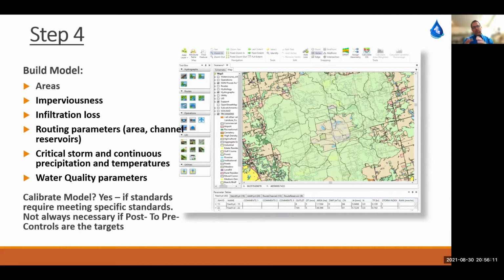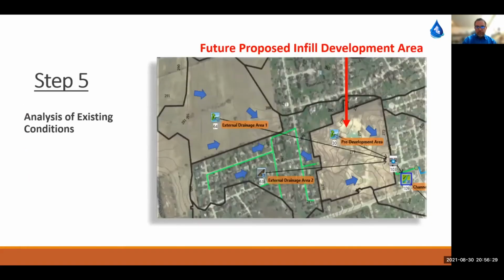But in many cases, we don't have to. We rationalize that the most important aspect of the analysis is to assess relative changes due to modifying the land uses and implementing controls. So I'm going to illustrate this through examples.